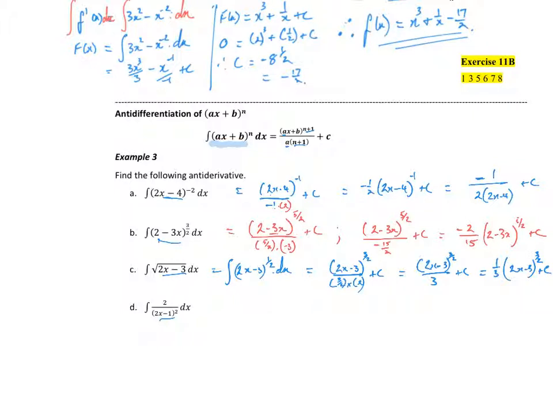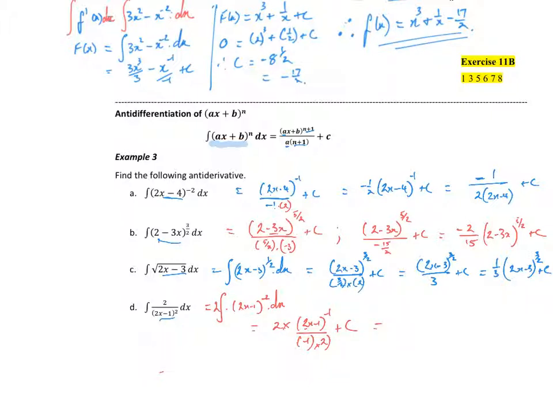Last one, again, rewrite as an integral. I might bring the 2 out the front, and that gives me 2x minus 1 to the negative 2 dx, which is equal to 2 times the antiderivative, so 2x minus 1, add 1 to the power, which is negative 1, over negative 1 times the coefficient of x, which is 2, plus some c.